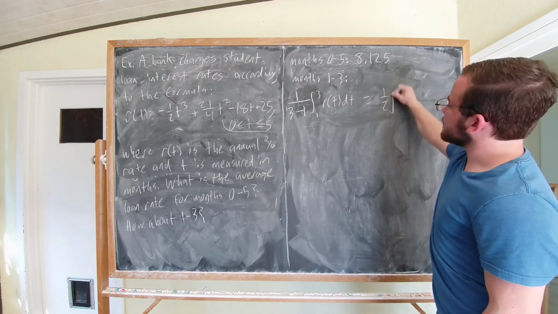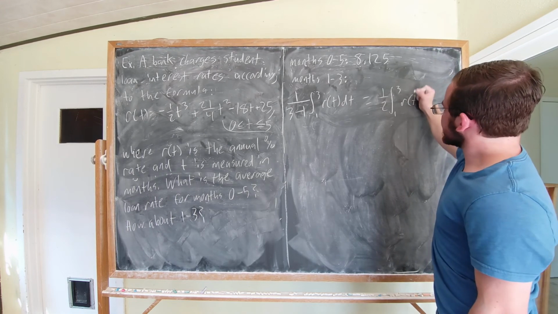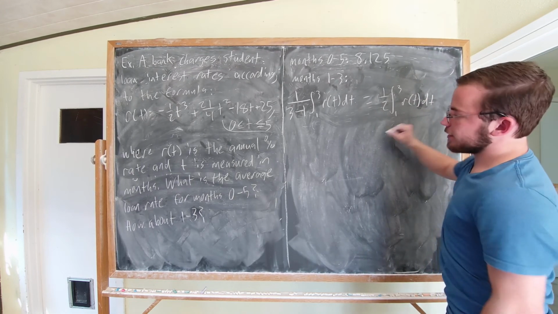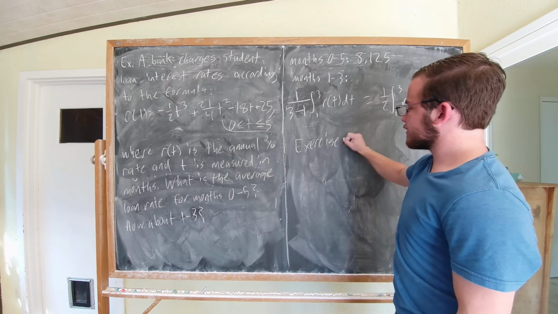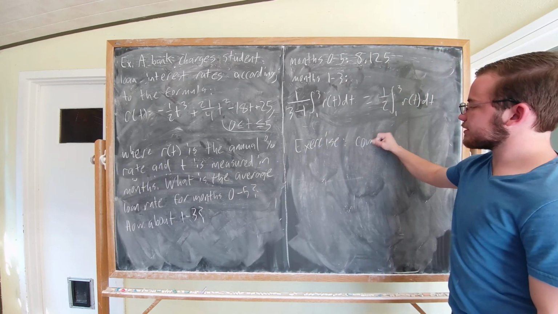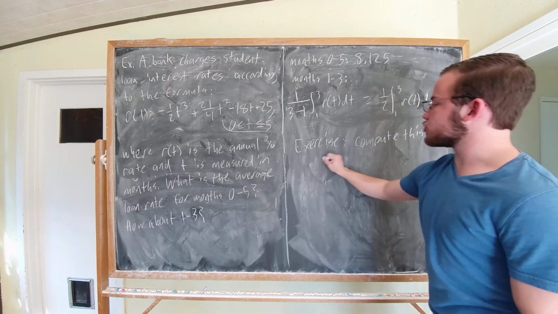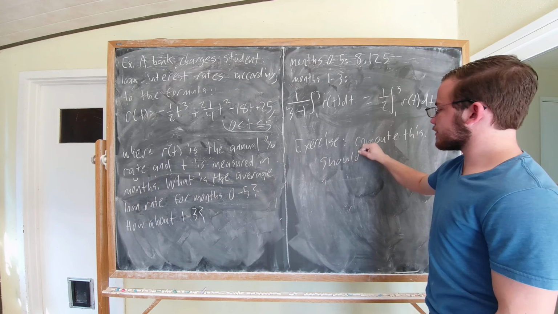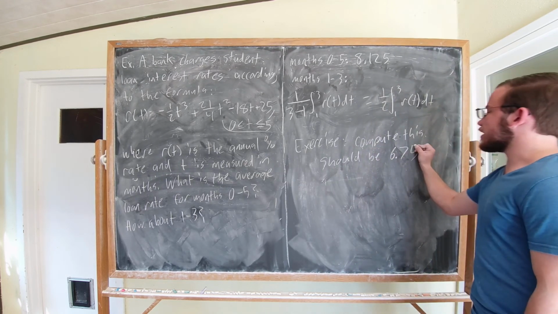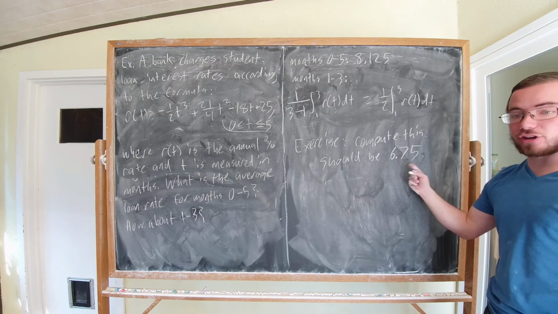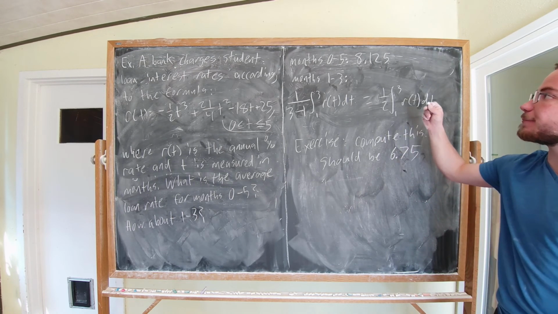So this is 1/2 the integral from 1 to 3 of r of t dt. Exercise: compute this. It should be 6.75. So that's what you should get at the end of it. Try it on your own. Make sure you're getting all this right.